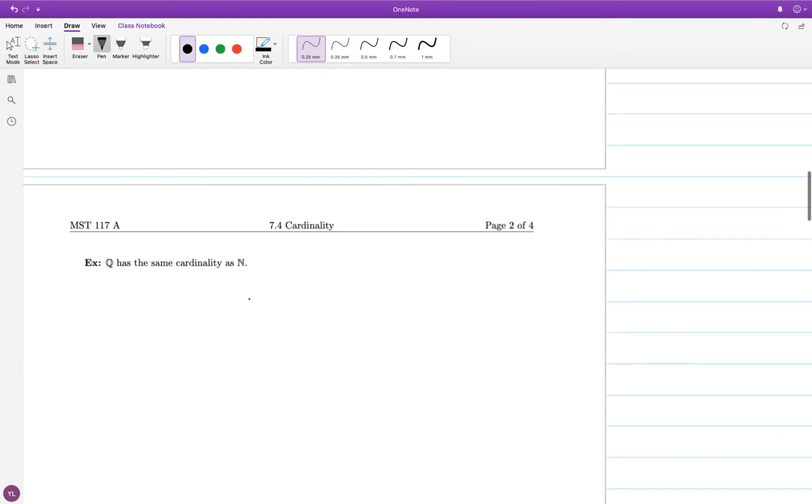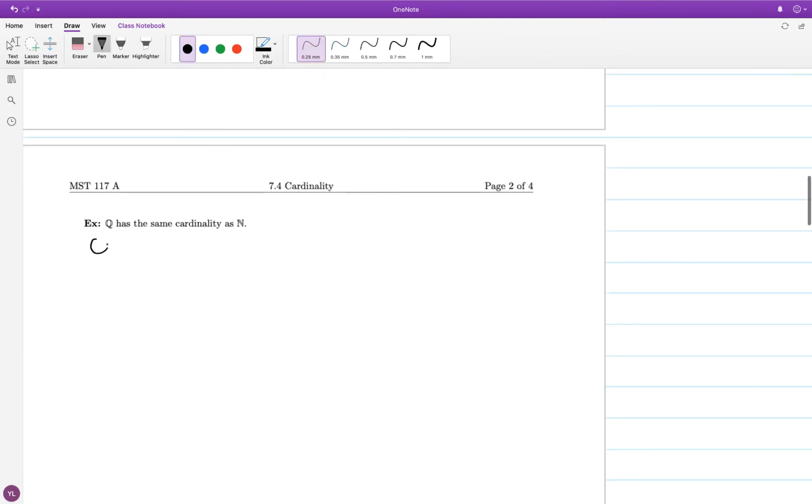Now, this right here ends up being pretty surprising. The rational number set seems to have way, way, way more numbers in it. As a reminder, the rational number set is the set of all numbers that are ratios of integers, the bottom one obviously not being 0.